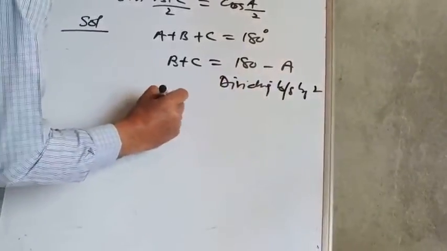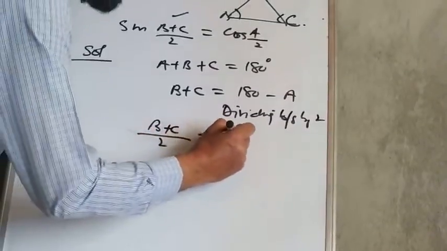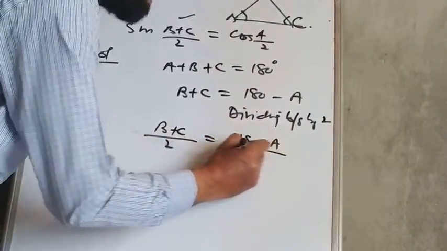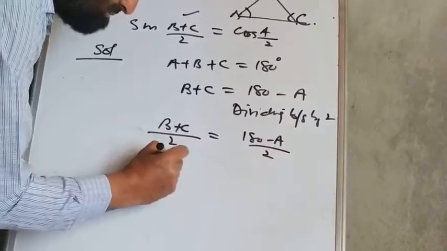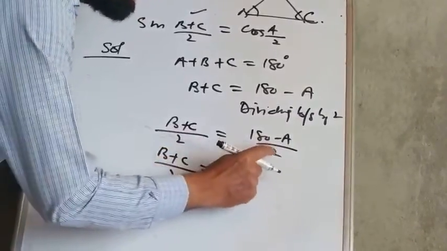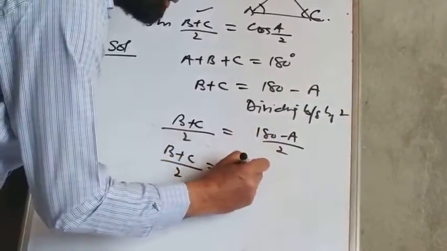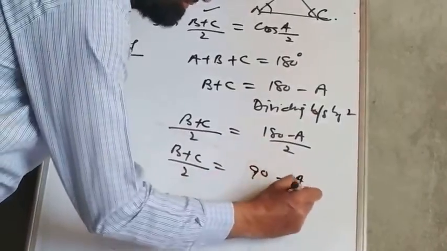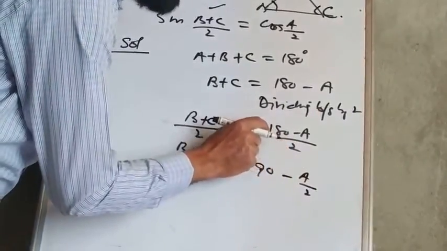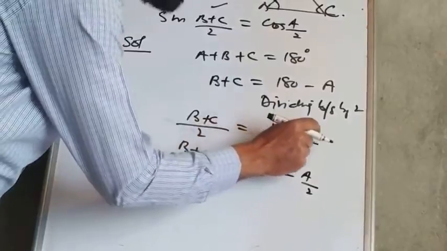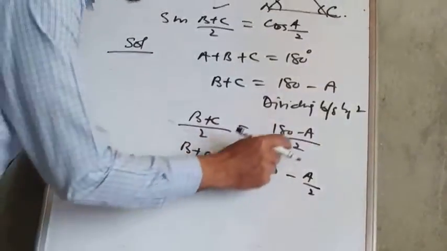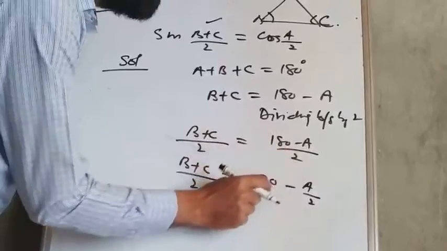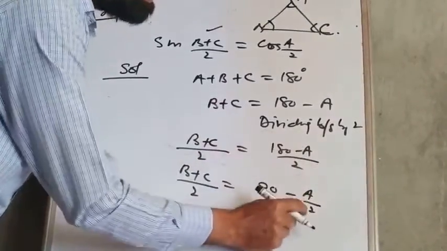This is B plus C divided by 2 is equal to 180 minus A divided by 2. This is B plus C divided by 2 is equal to 90 minus A by 2. Because 2 is divided into 180, also it is divided into minus A. So when you divide 180 by 2, we are left with 90 and this is minus A by 2.